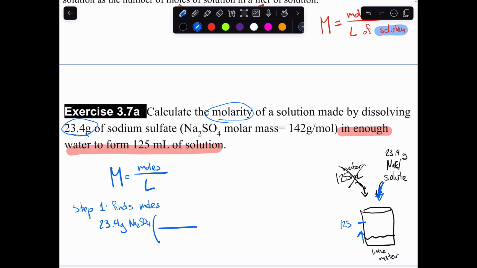We would go from grams to moles of our substance, and they were nice enough to give us that number there.